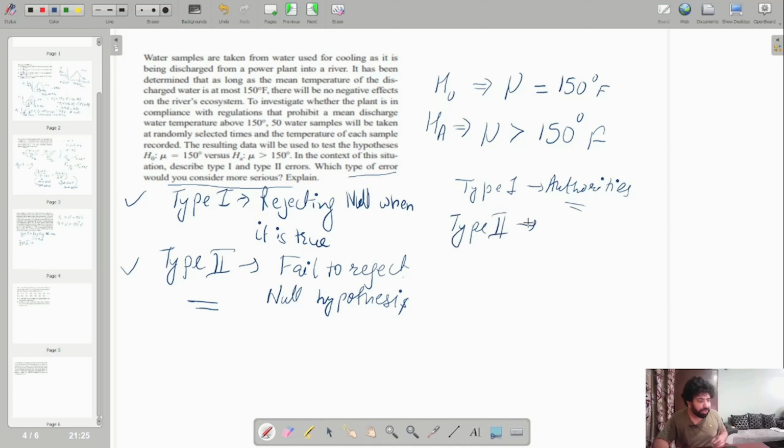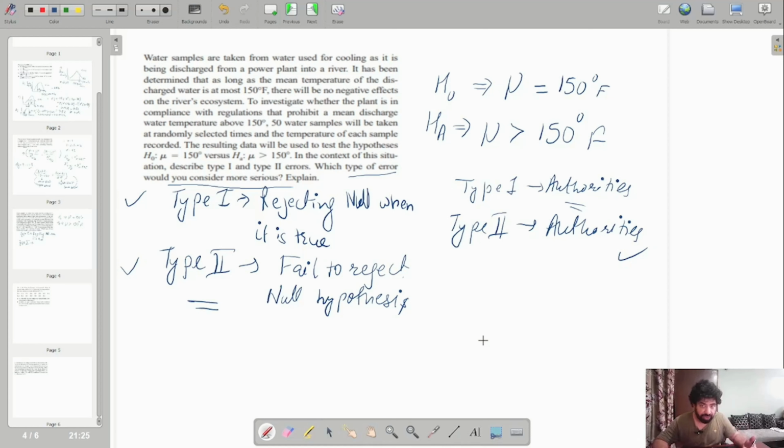What will happen if I make a type 2 error? Now in type 2 error I will not reject the null hypothesis, so I will say that the plant is following the regulation. So what authorities will do, they will say okay, if it is following, let it follow. In this case the authorities will give it permission because it is following the regulation, we cannot stop the plant. So what will happen, there would be more environmental damage.